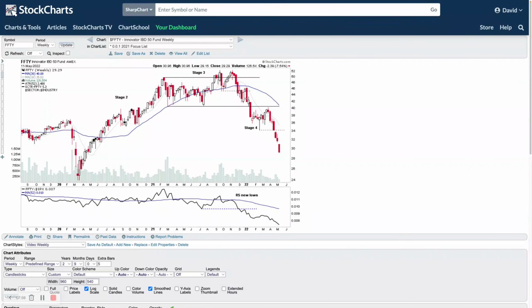So there was an early breakdown within the range. Anywhere throughout this area here, you see the distribution pattern as it formed, and then the redistribution, and then the stage 4 continuation. So we've retraced the entire stage 2 advance in quite a lot of these CAN-SLIM stocks now. So that's why, obviously, the growth area of the market has been particularly bad.